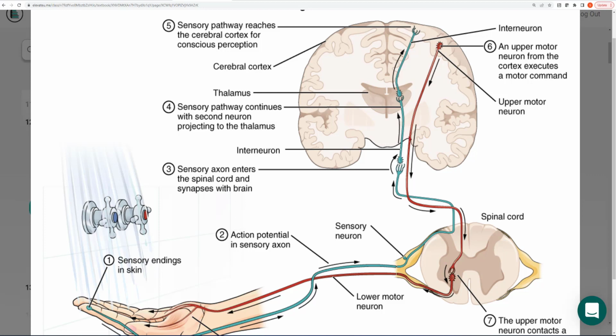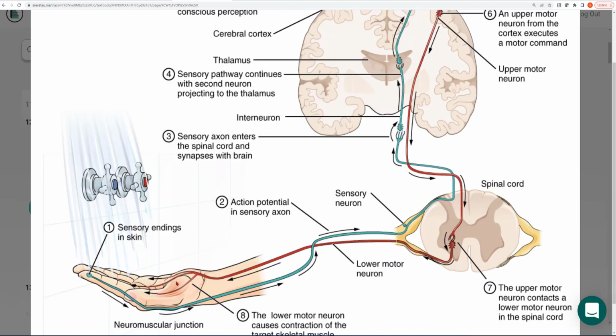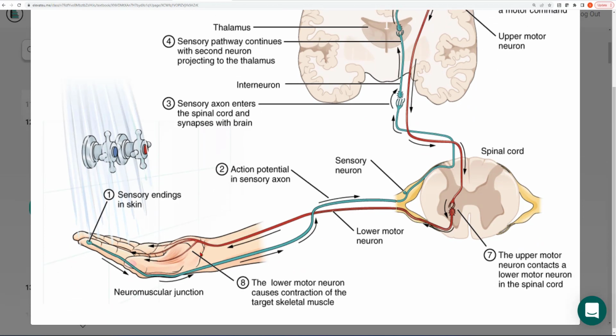So the motor neuron is going to come down the spinal cord. It's going to synapse again, and this signal is going to come out, join up with the spinal nerve, travel to the muscles of your hand, and probably cause you to move away, right? Move away from that hot water.